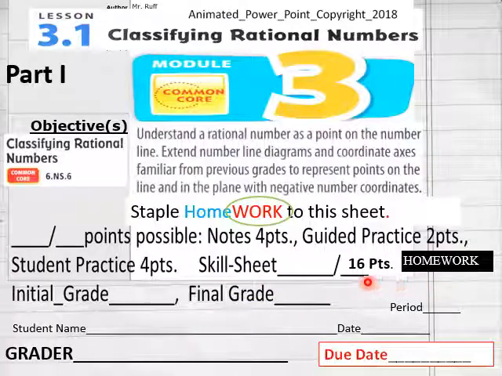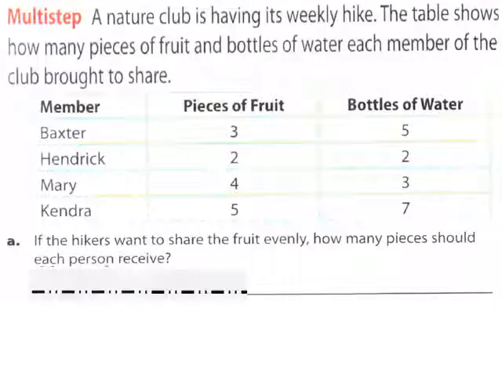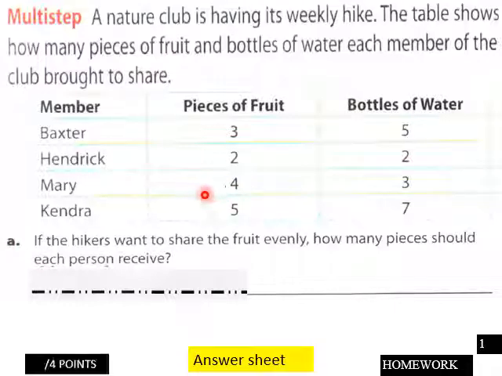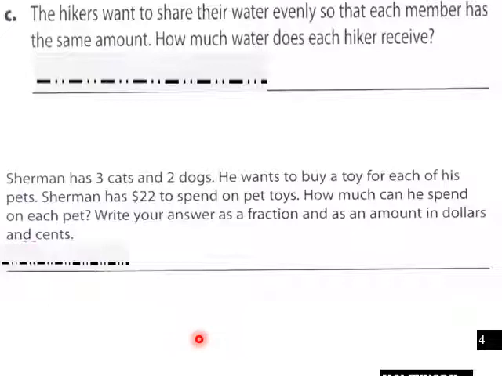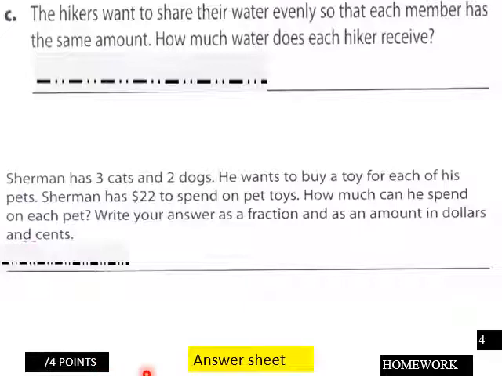Now we go into our homework. We got 16 points worth of homework. A nature club. Here's a good word problem with a table. Students reading from a table and coming up with conclusions is a great exercise. And then page 4 here of our homework, it's a hiker problem, and then three cats and 2 dogs problem.